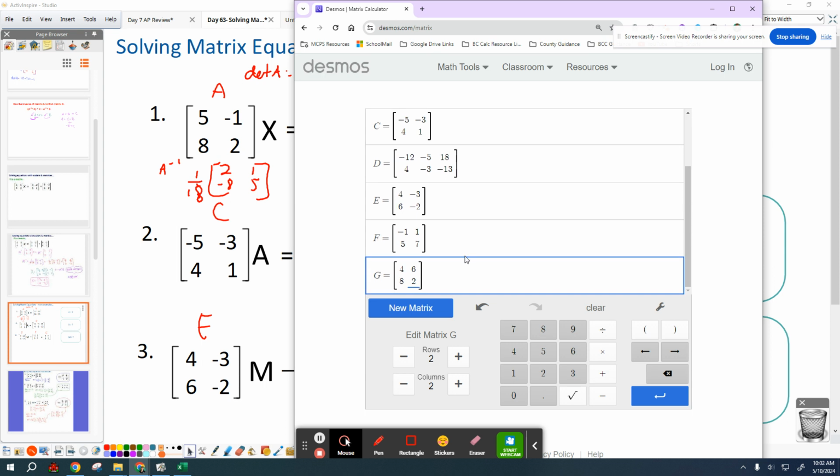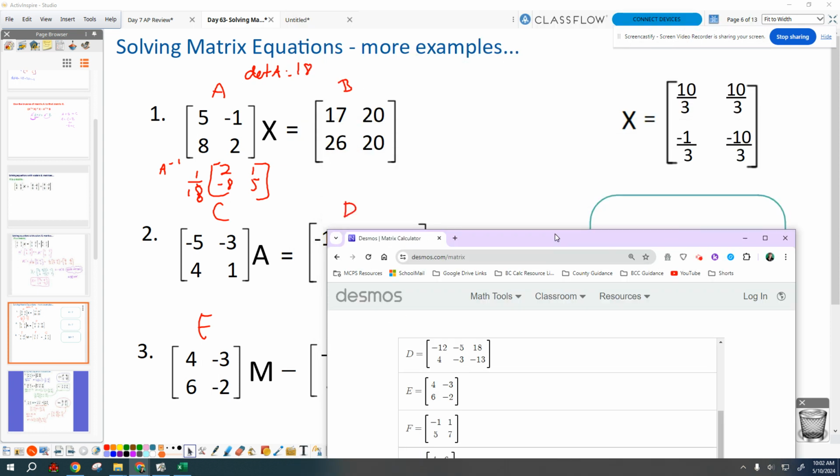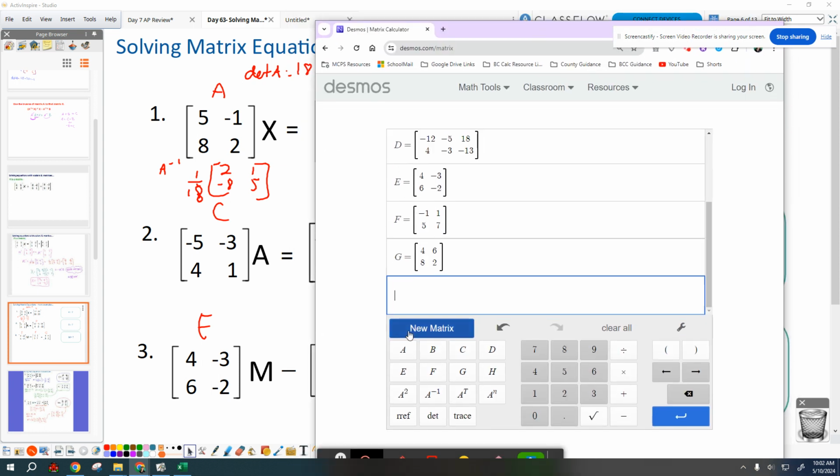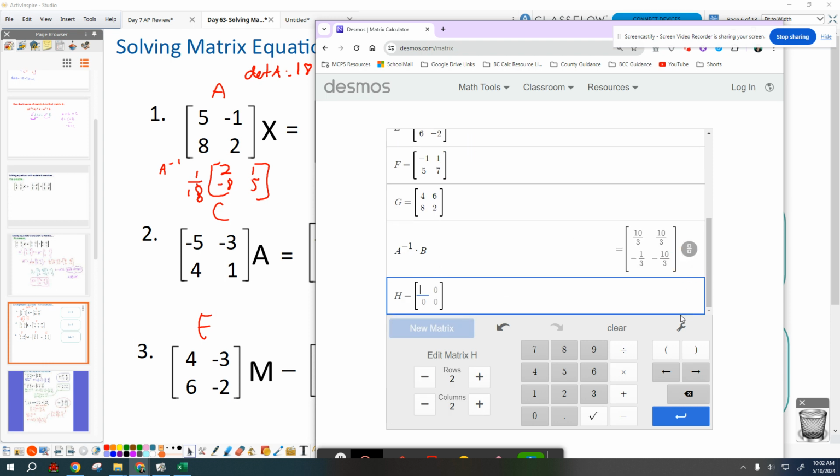To solve that first matrix, I named them. So to find x, I need to do A inverse times B. And there's the answers.